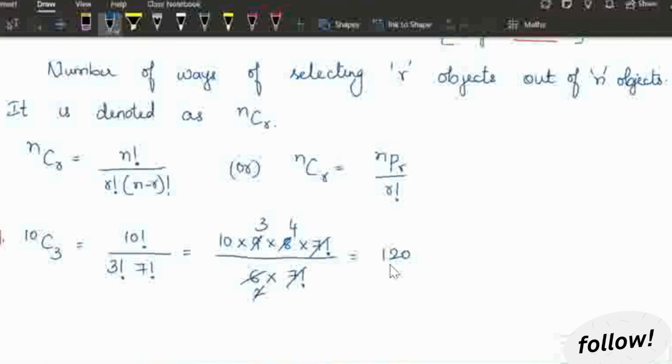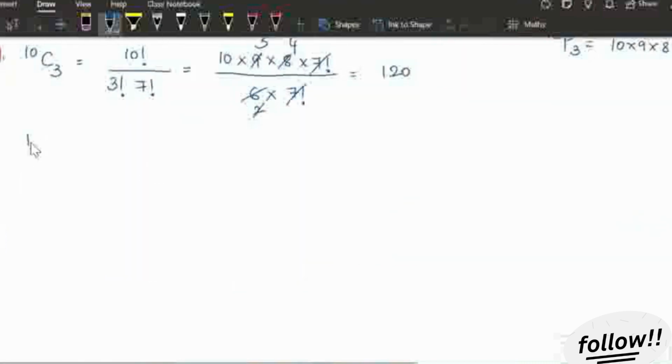But every time you don't have to write the formula. We had seen a direct way of writing nPr, right? If it is 10P3, we should write 3 numbers from 10 in decreasing order, which is 10 into 9 into 8. Now that nPr is further divided by r factorial, we will write 10C3 as 10P3 by r factorial. What is 10P3? Write 3 numbers from 10 in decreasing order: 10 into 9 into 8.